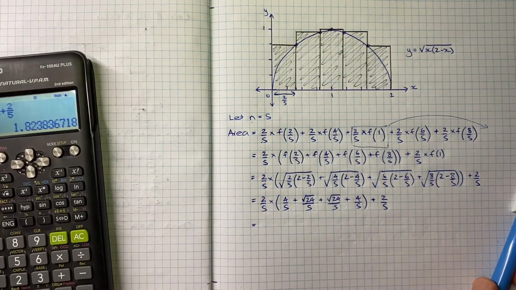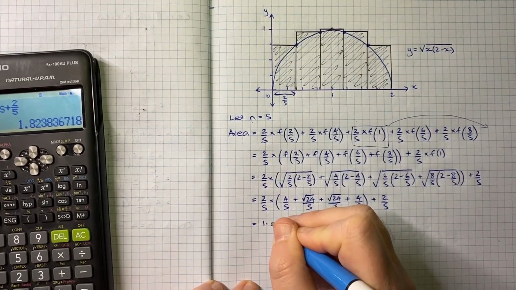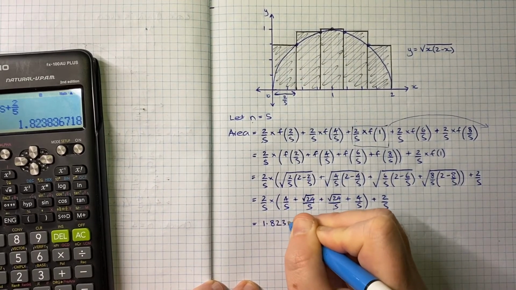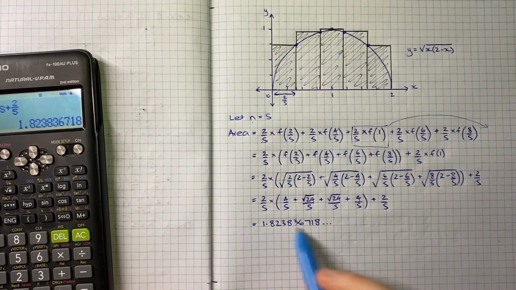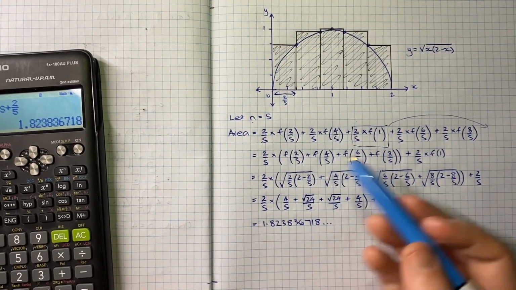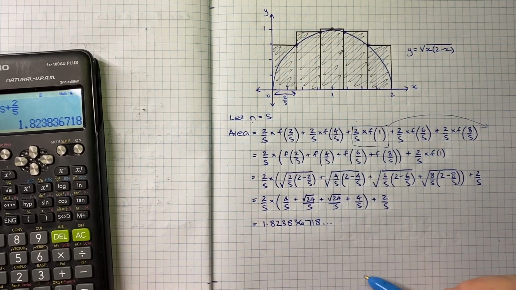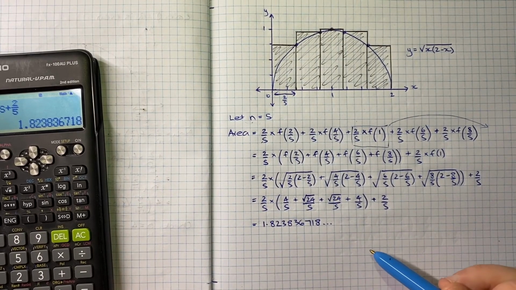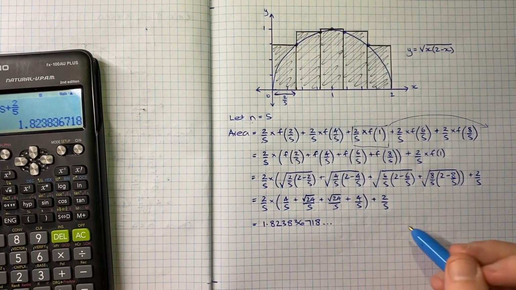That's going to get us 1.8238367... and so on. This is what we're going to use to check when we try and generalize the formula. We can throw in n equals 5 and see if we get the same result. That's what I'm going to do in the next video. See you in the next video.